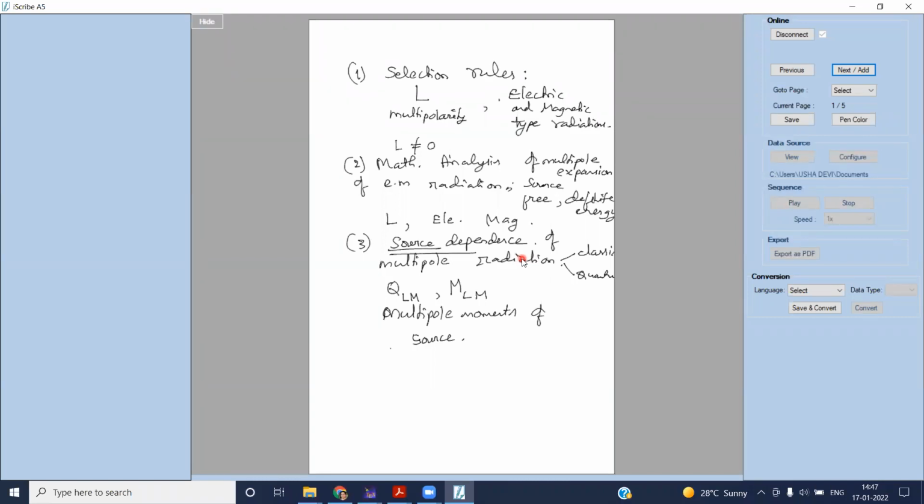I have already shown you these things, and then I was talking about determining the multipole value of a radiation experimentally.